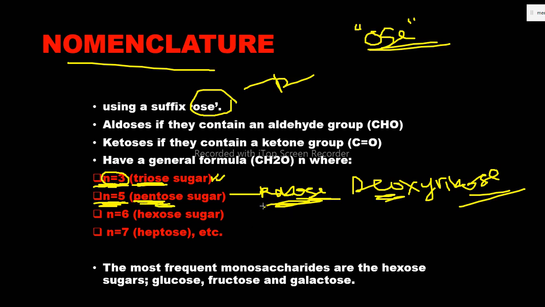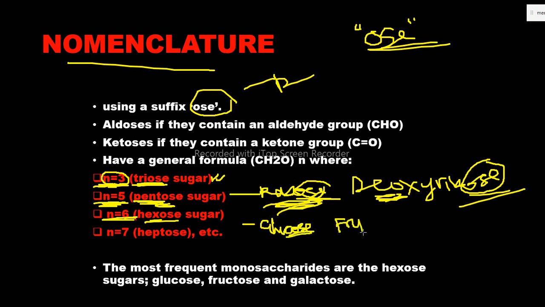Examples of pentose sugars are ribose sugar and deoxyribose sugar. So you can see they all have the -ose. If it has 6 carbon atoms, then that one is a hexose sugar. An example is glucose, which still has the -ose.